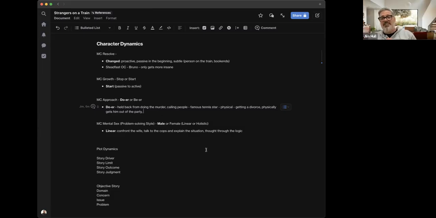Yep. And I realized that as I was saying it. So I would still hold true to you really shouldn't look at the mental sex of the obstacle character. You can kind of sort of see that on the other end, and usually there's a balance between the two. Like if one is linear, the other one's holistic. So I probably shouldn't have used that as a way of backtracking into the male mental sex.